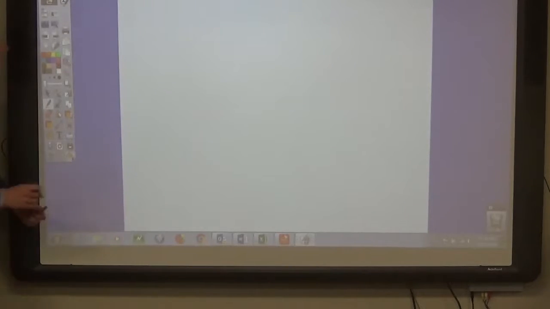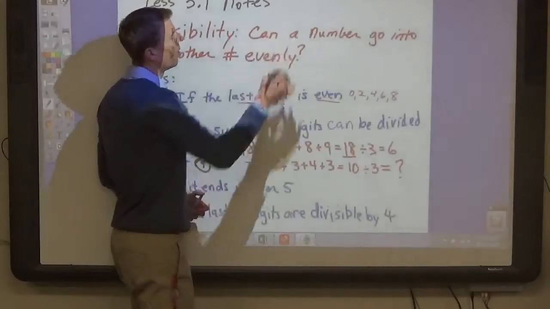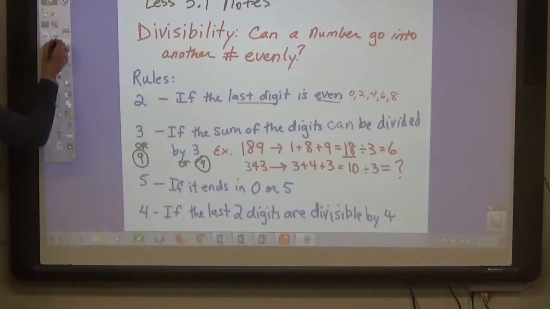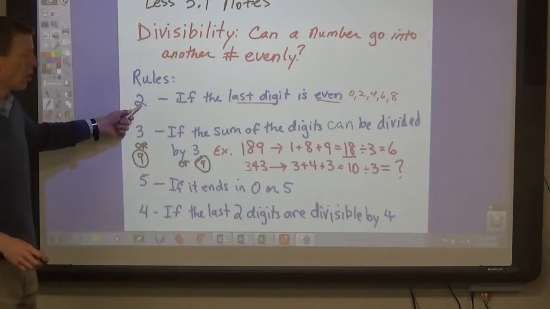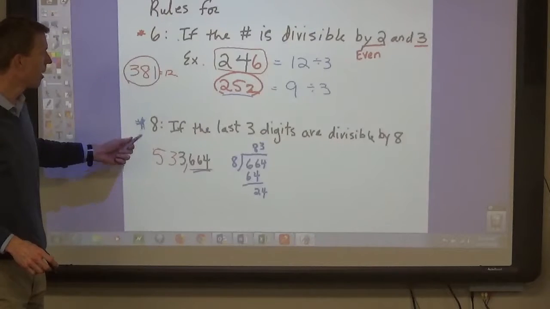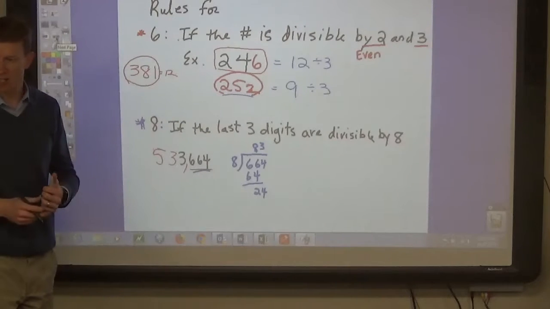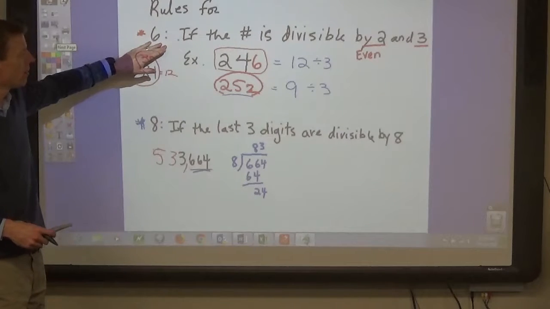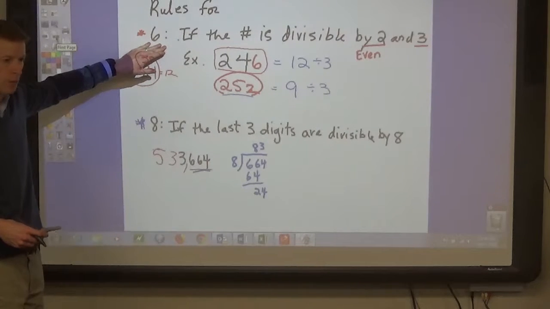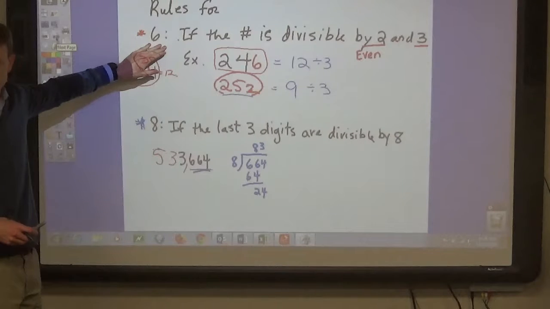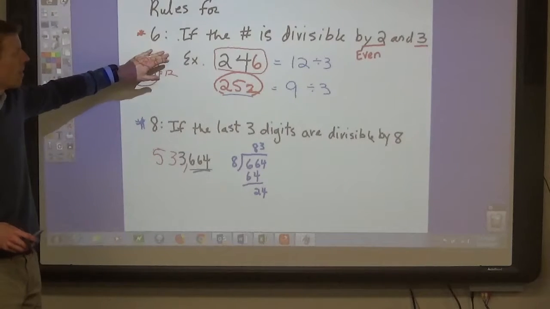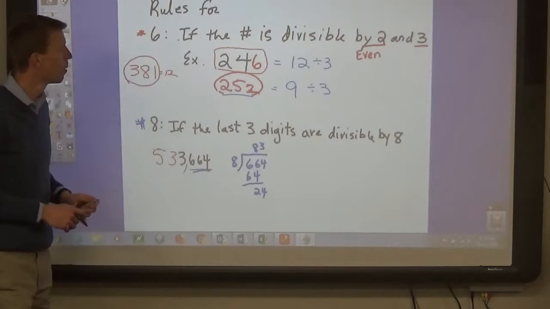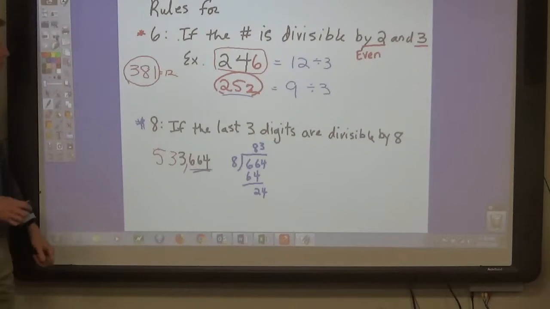Now, we know the rules for 2 are even numbers, and the rule for 3 is if the sum of the digits is divisible by 3. There's a rule then to tell whether or not a number is divisible by 6. So, break this down.